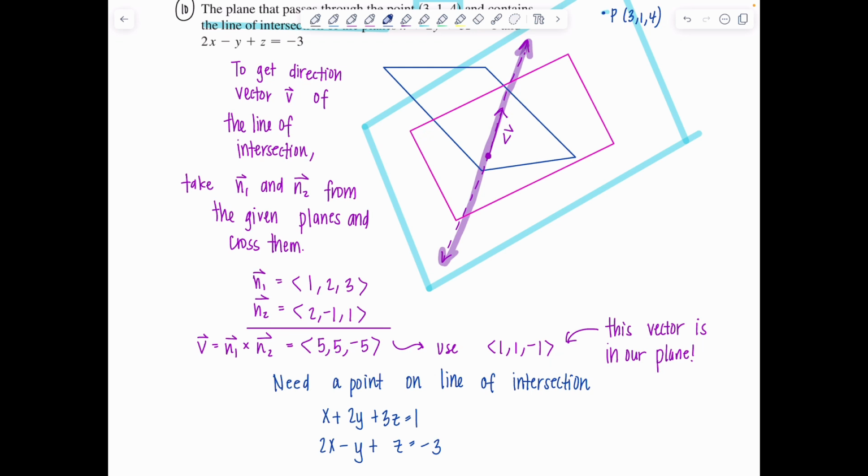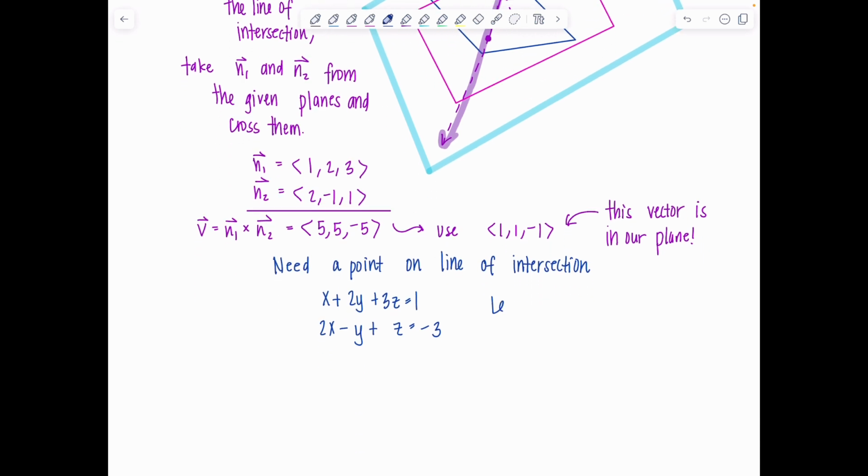So let's just try letting z equal 0 and see if that's going to get us anywhere. So if I let z equal 0, then I have x plus 2y equals 1, 2x minus y equals -3. I want to solve by elimination, so let me double this equation.